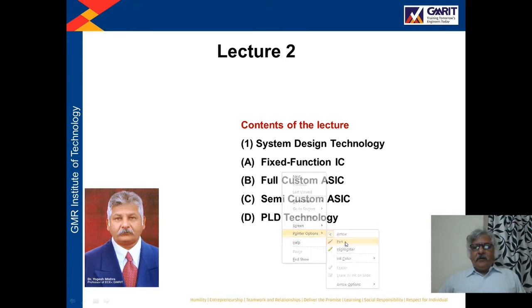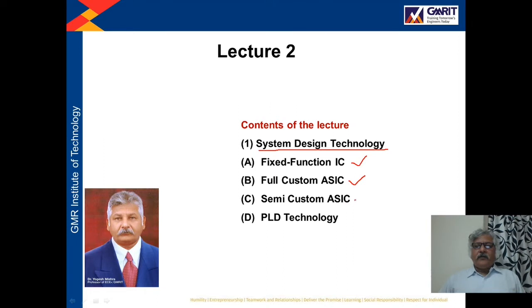Already in the last lecture we discussed that there are basically four system design technologies. First is fixed function IC based technology. Second is full custom ASIC technology. Third is semi-custom ASIC technology, and fourth is PLD technology.